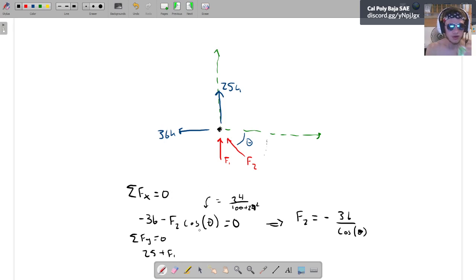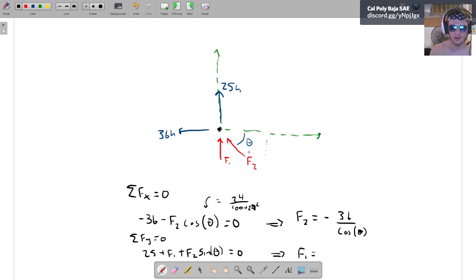So if we've got F1 here, then we'll say plus F2 sine theta now equals 0. And that means if we want to solve for F1, we can. I'm going to leave it symbolic for now, but we know what all the numbers are.